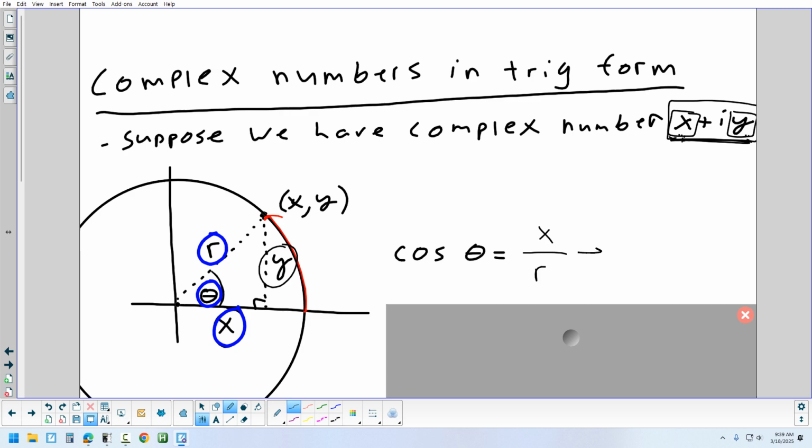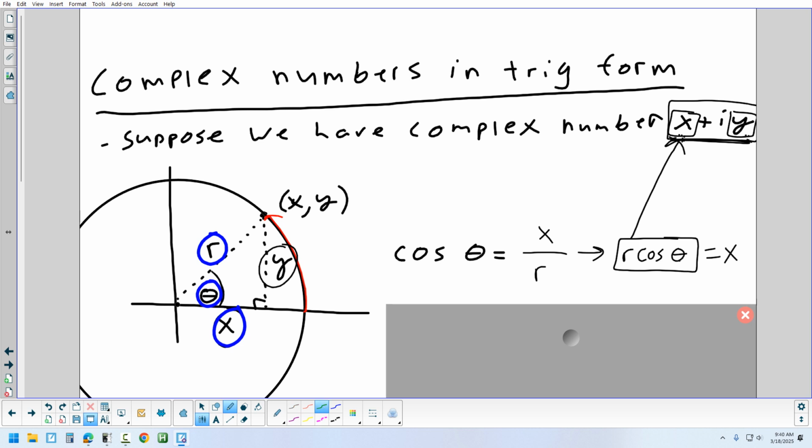So now I would like to get a formula for X. What would X equal if you solve that formula and get X by itself? Yep, R times cosine theta. So now we have a formula, as long as we know the angle, which I'm going to show you how to get. But we've got a formula we can fill in for the x.